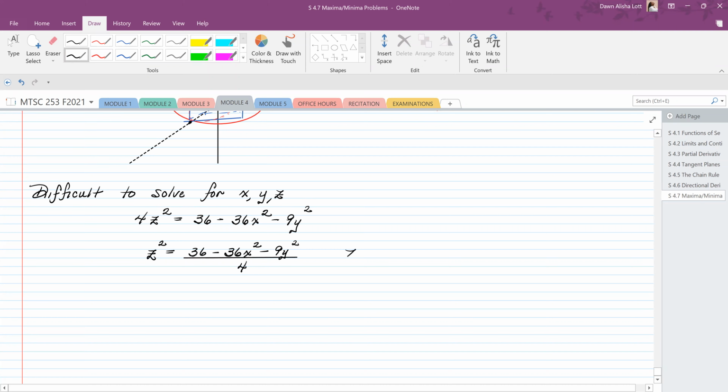So Z is 1/2 the square root, or 1/2. I'm not even going to write it, I'm going to write it like that: 36 minus 36x squared minus 9y squared to the 1/2 power. Not cute.